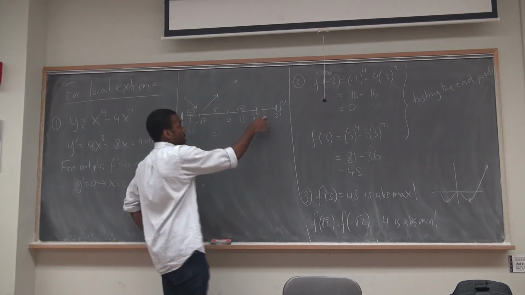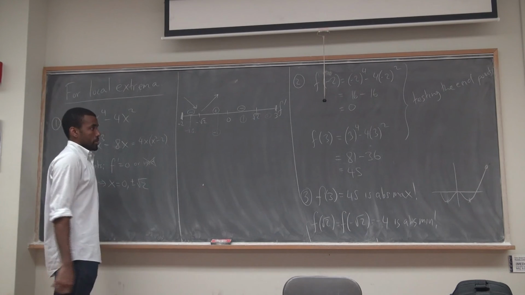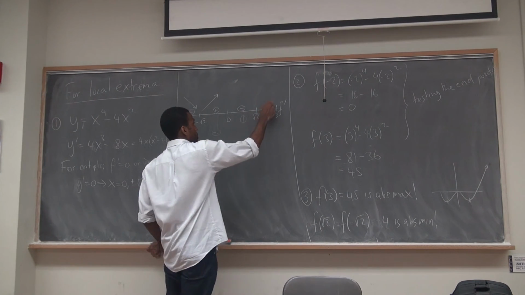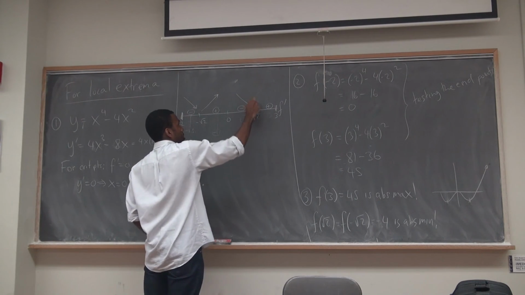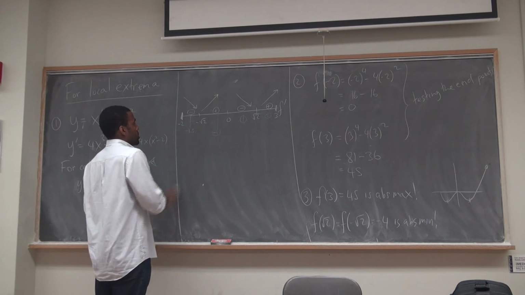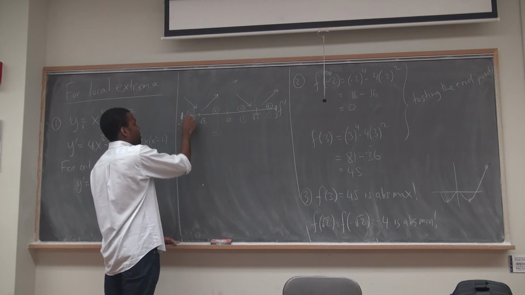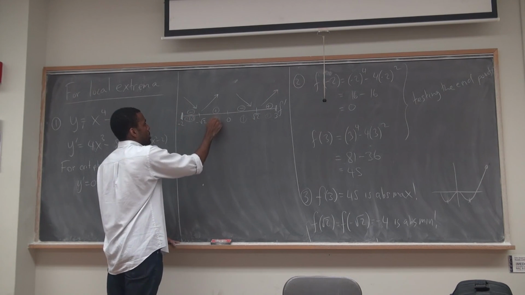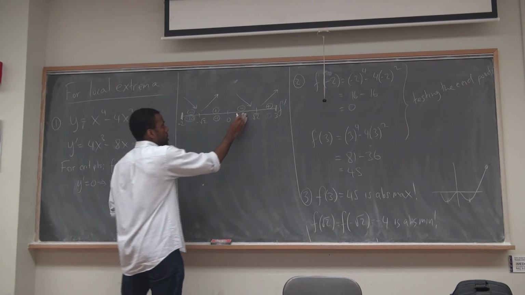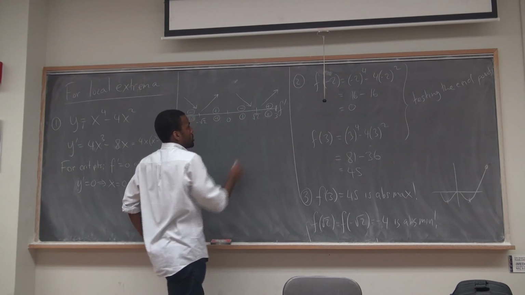If you plug a number over here, like a 2, into this function, you get a positive. So I test a minus 1.5, gives me that. If I test a minus 1, gives me a positive. If I test a 1, gives me a negative. If I test a 2, gives me that.